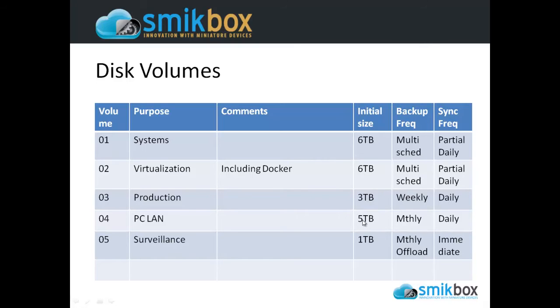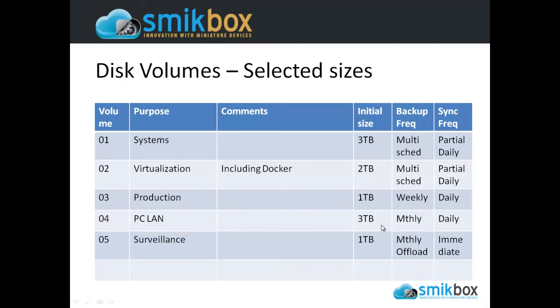So PC LAN, that's where the majority of the files are going to be kept, so we need to try and create as much space for that. So my choices are 3 for that, 2 for the second volume, 1 for the third, 3 for the local network, which is probably way too much, and 1.